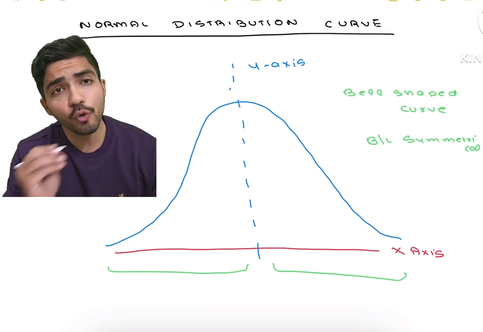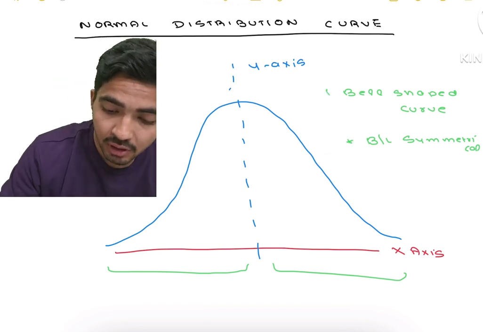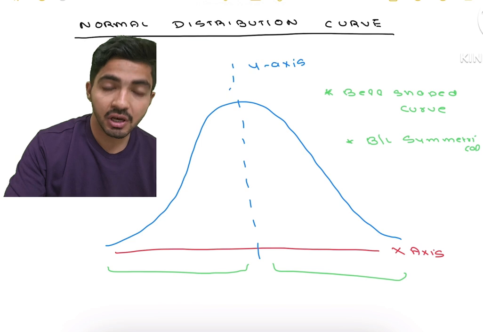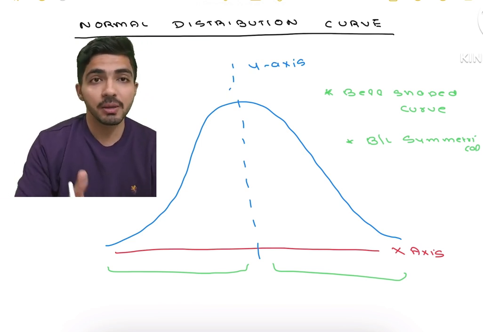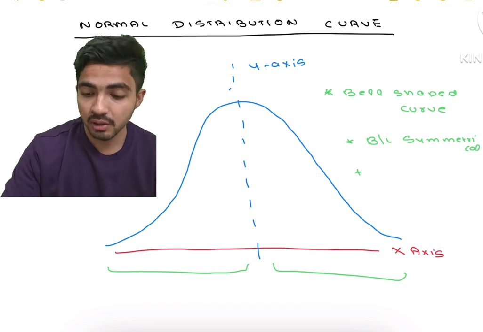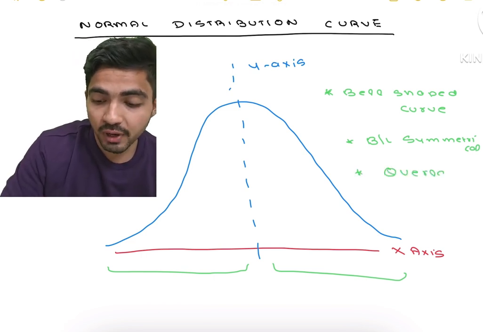And it is overlapping, means अगर सर मैं इस कर्व को आधा काट दूं तो वो आधा पार्ट दूसरे आधे पार्ट को पूरी तरह ढक लेगा, means it is overlapping.